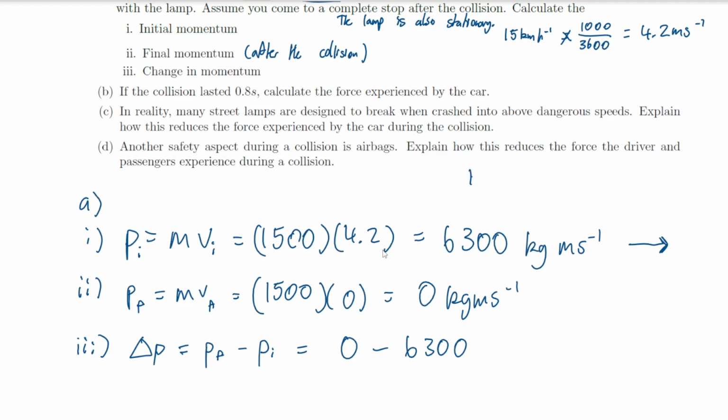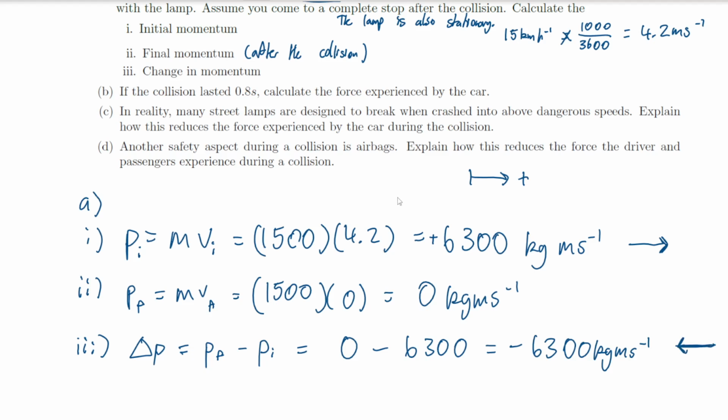So in this situation, let's define to the right as positive. So we're subtracting positive 6,300, giving us a change in momentum of negative 6,300. And what that tells us is that the direction of the change in momentum is to the left.